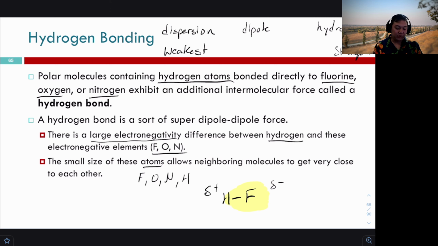And so that can get really close to another fluorine, which is very electronegative, and you get almost a pseudo bond between fluorine and the hydrogen of a separate molecule. And again, this is an intermolecular force, so it's between two separate molecules.